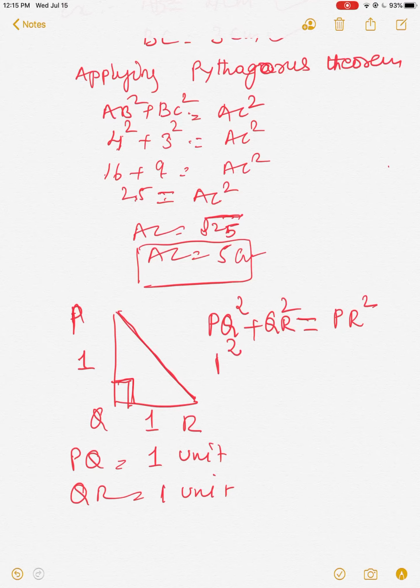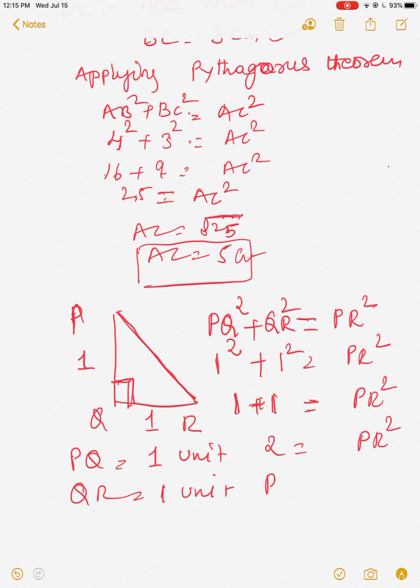PQ is 1 square, QR also 1 square, and this is PR square. So 1 square is 1, 1 square is 1, 1 plus 1, 2, is equal to PR square. So PR will be root of 2. So PR is equal to root 2.